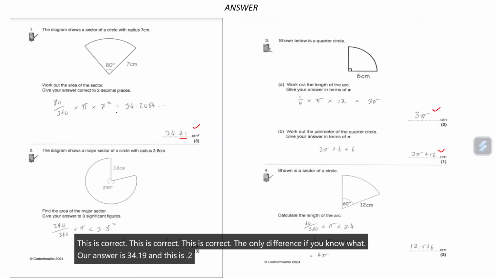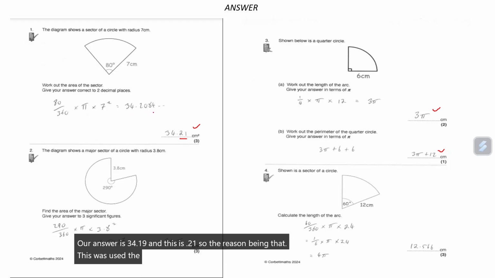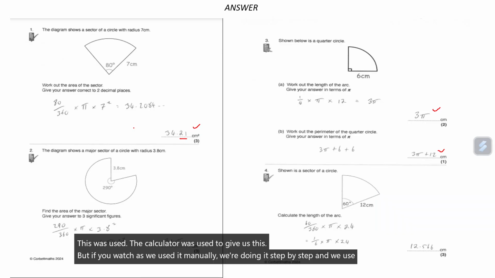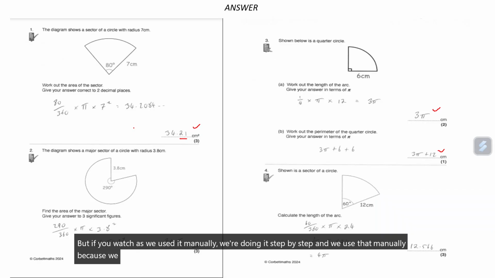The reason is that the calculator was used to give us this. But if you watch as we did it manually, step by step, we gave a value for our pi, which is 3.14.